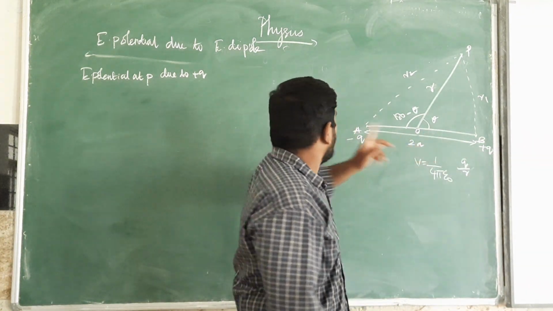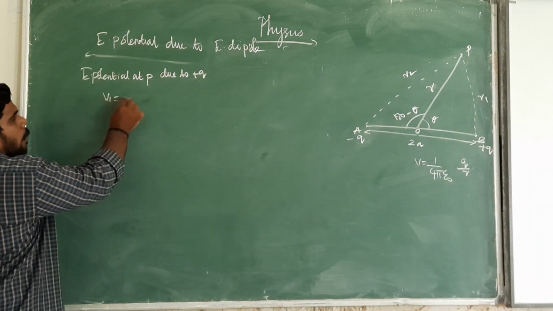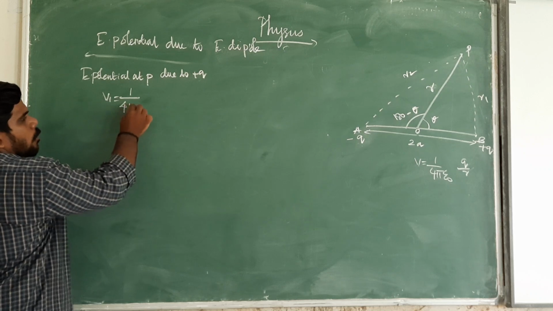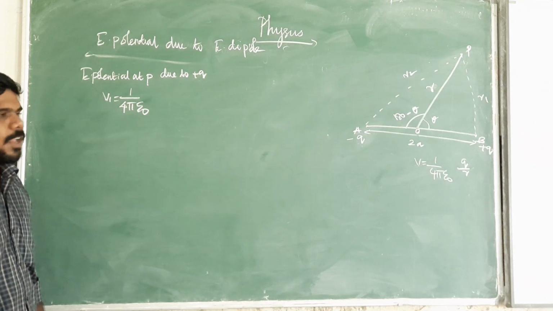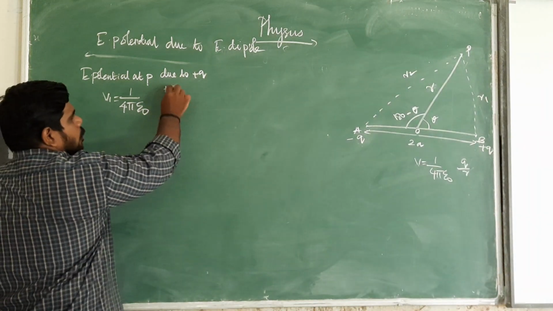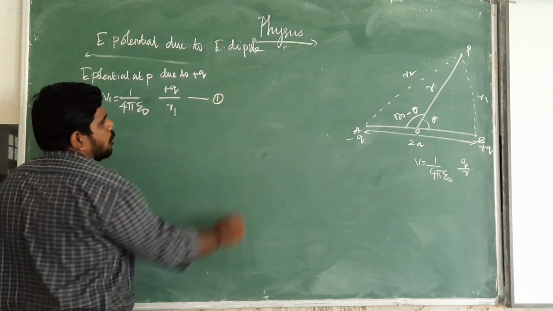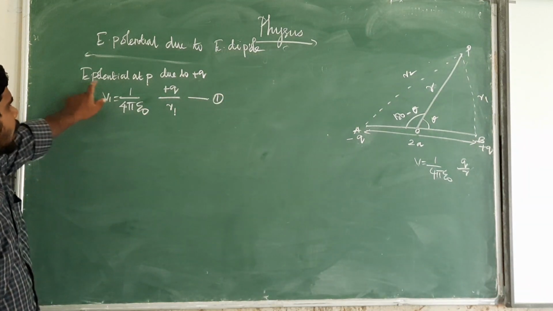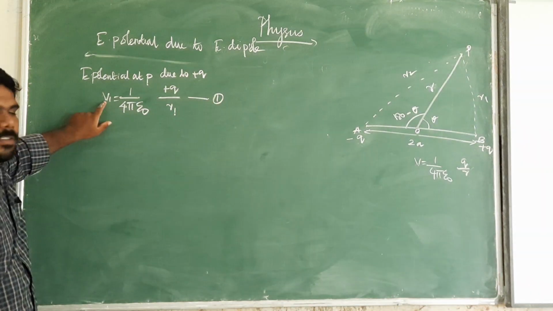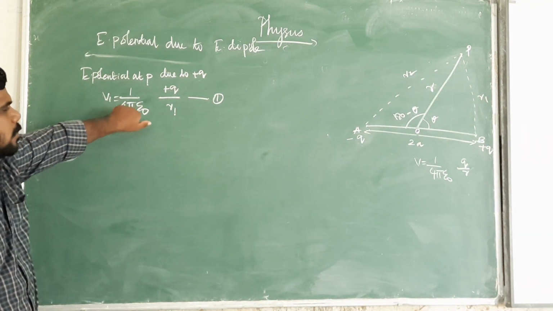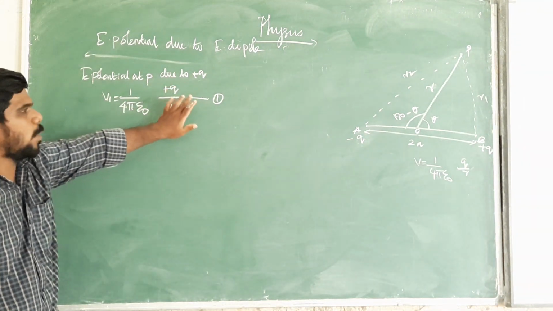So V1 is equal to 1 by 4 pi epsilon 0 into the positive charge plus q by the distance r1. Equation number 1. The electric potential at P due to one positive charge, V1, is equal to 1 by 4 pi epsilon 0 plus q by r1.